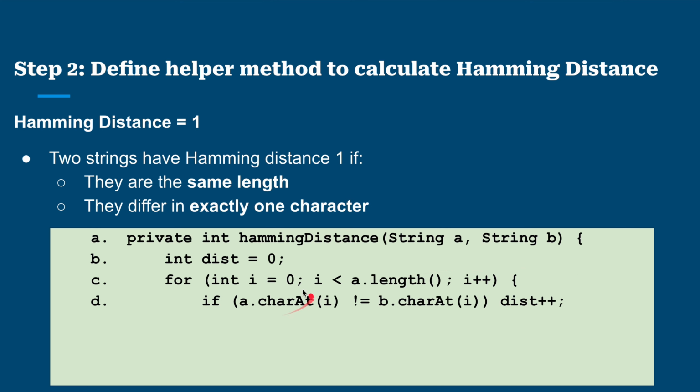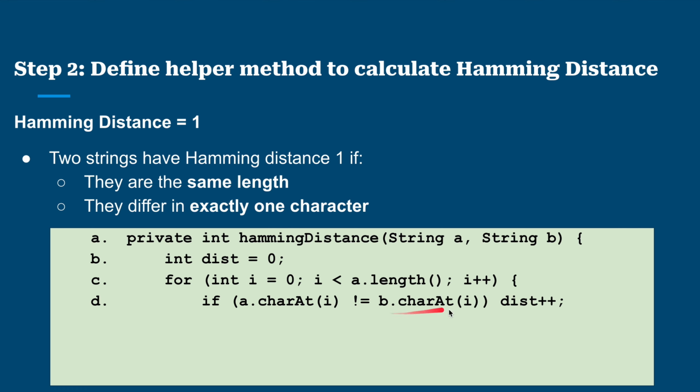To check each character, we'll create an if condition. For each index i, we check the character of word a at i against the character of word b at i.